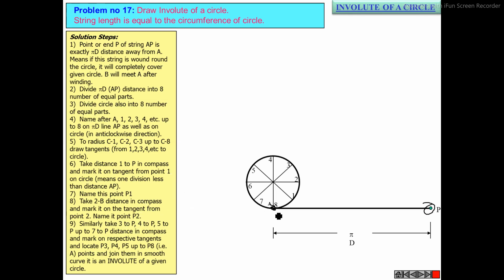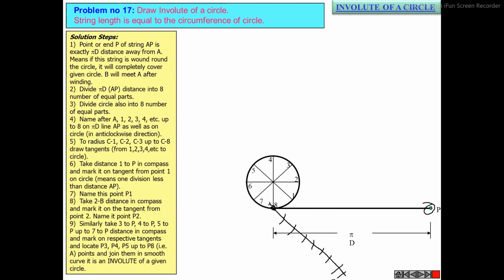So now the end points of my line are A and P. From the starting end point, I need to draw an infinitely long acute angle inclined line, and then on this inclined line I need to cut how many equal arcs? 8 equal arcs, because I need to divide the given line into 8 equal parts. So on this inclined line, cut 8 equal arcs: 1, 2, 3, 4, 5, 6, 7, 8.